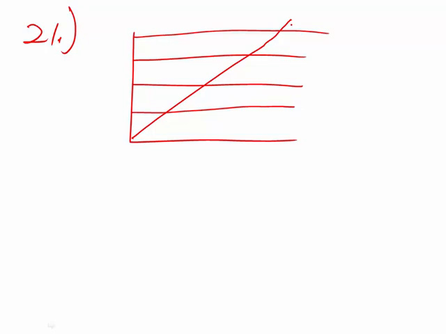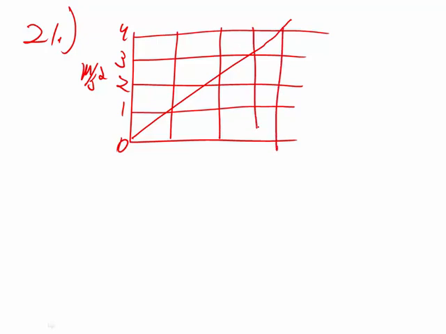So this is 4, and this is meters per second squared. 3, 2, 1, 0. And then we have 3 and then 4. I know that's not the scale, but pretend, okay? And this is force in newtons. So we've got 0.5.